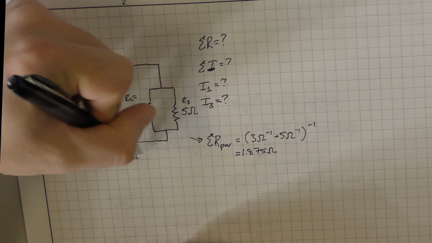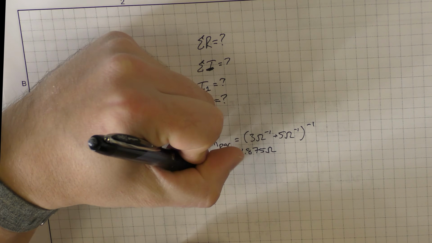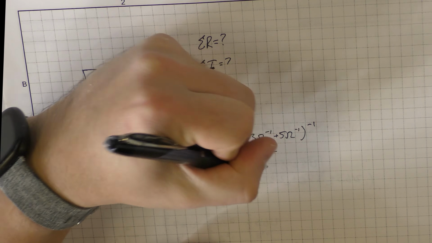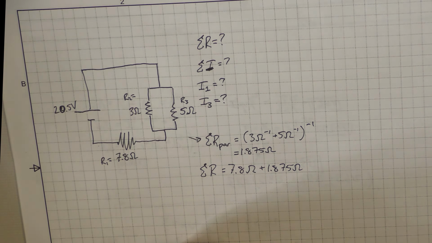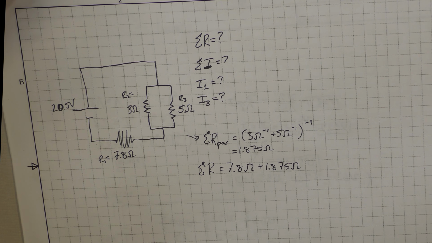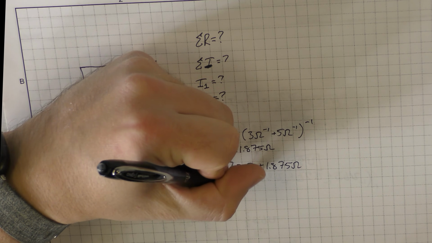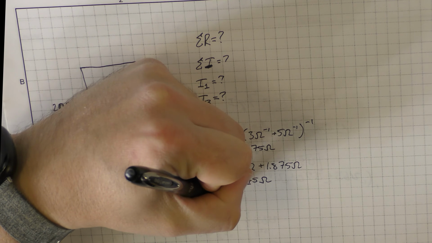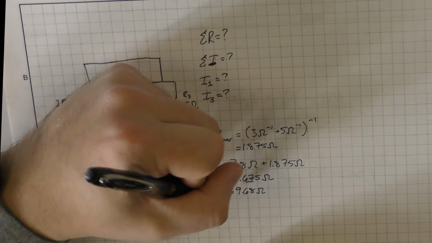So if we take our 1.875 ohms and we add it to the other resistor, we will in fact have the total resistance of the whole circuit, because the parallel branch is in series with the other resistor. So 7.8 ohms plus 1.875 ohms will give us our total resistance for this circuit. And if we round that number, our value will be 9.68 ohms.